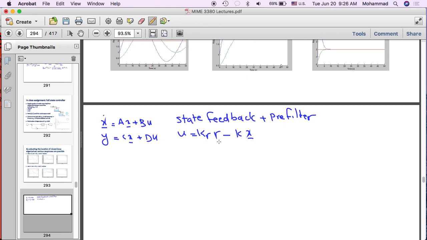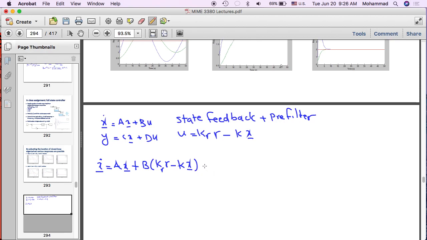So we are going to go ahead and put this into our state space model. So therefore, x dot becomes Ax plus B times KR times R minus K times x.